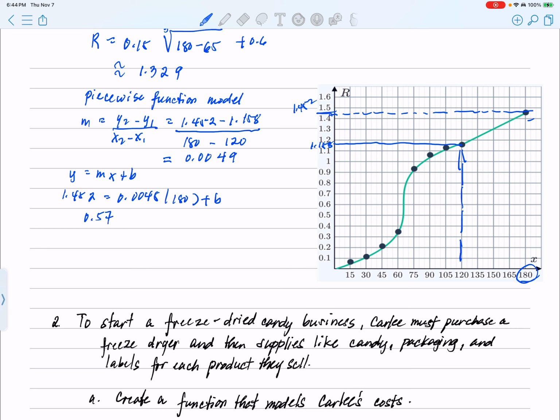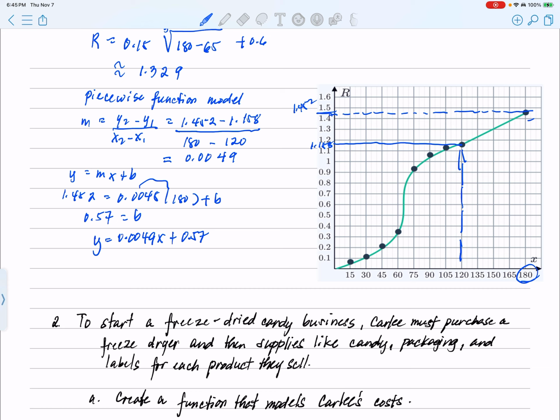That's the value of the y-intercept. So the equation of the line becomes y equals 0.0049x plus b, which is 0.57. You multiply 0.0048 times 180, and then subtract that from 1.452 to get the y-intercept.